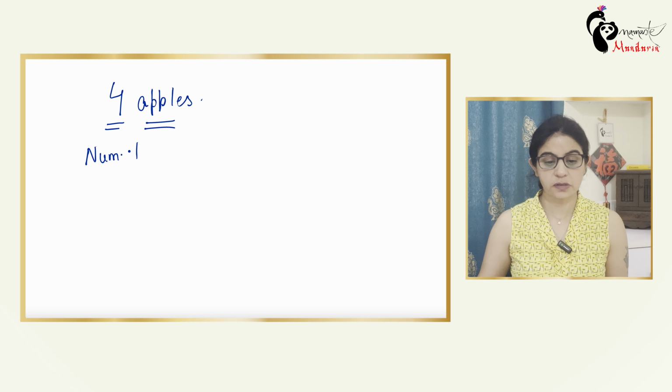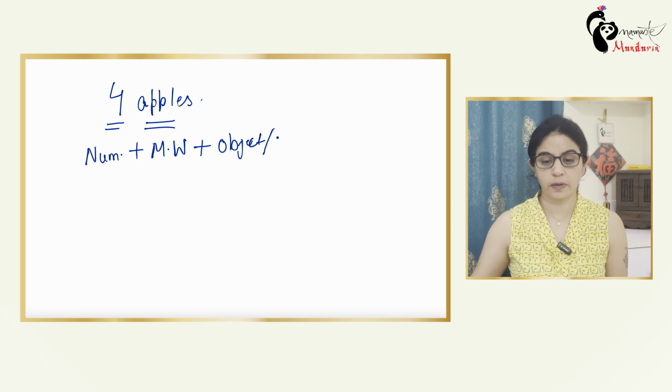So we put a number, then we put a measure word, and then we put the object or noun. This measure word, we also call it a classifier.